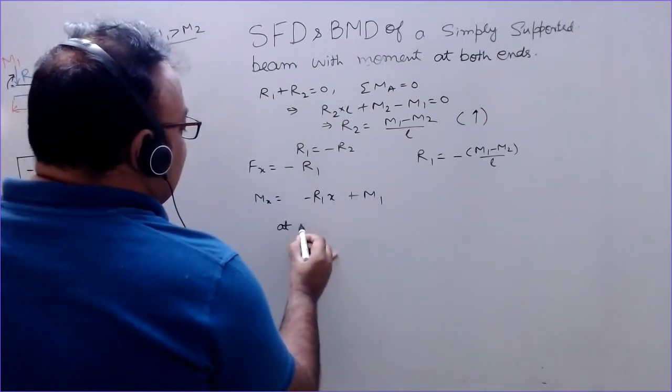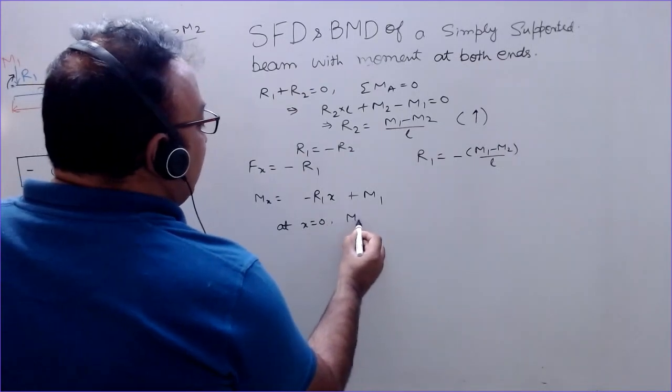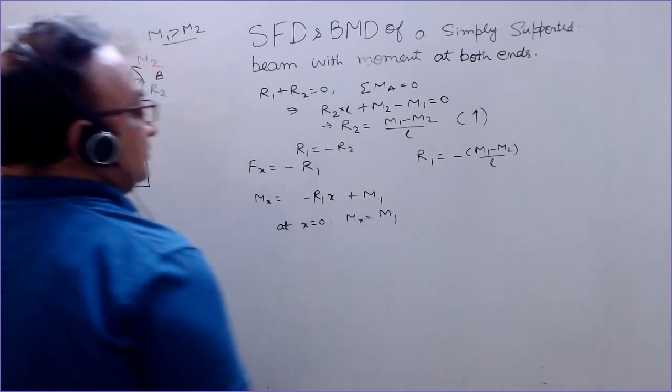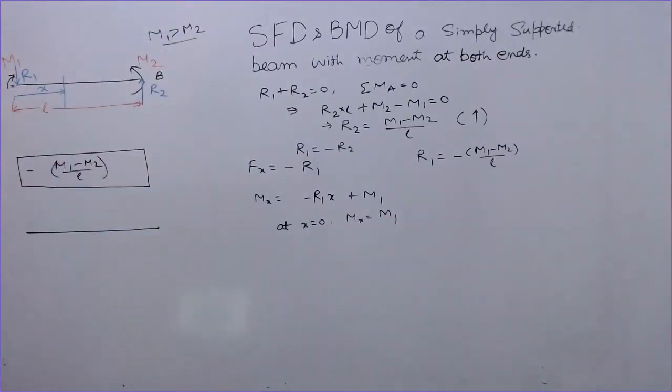So at X equal to 0, Mx is M1. The moment is positive because we have a positive moment acting here. So this is M1 at this end.